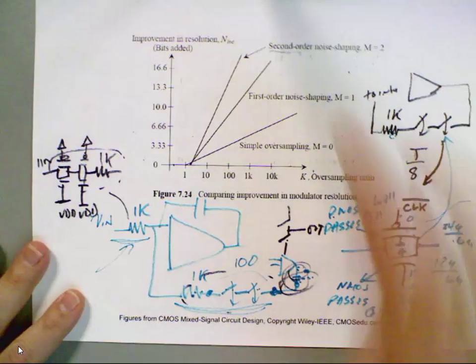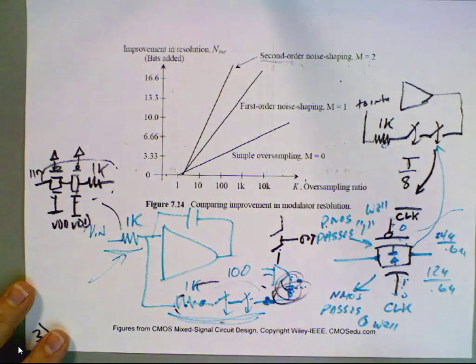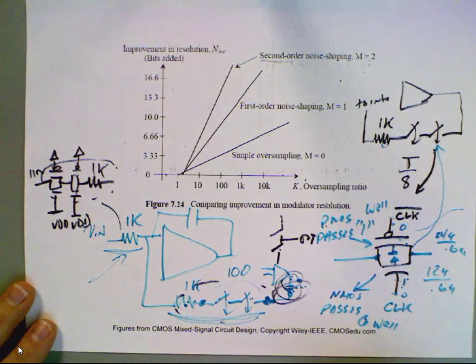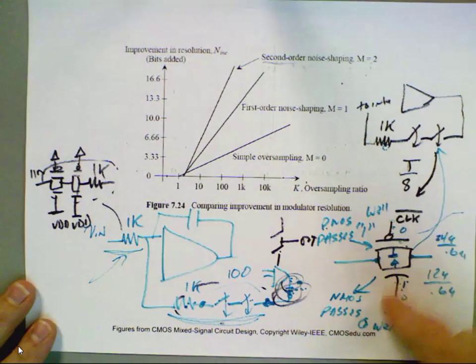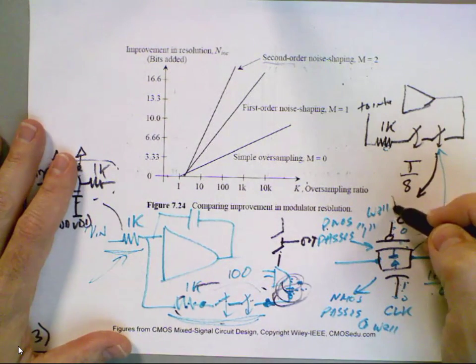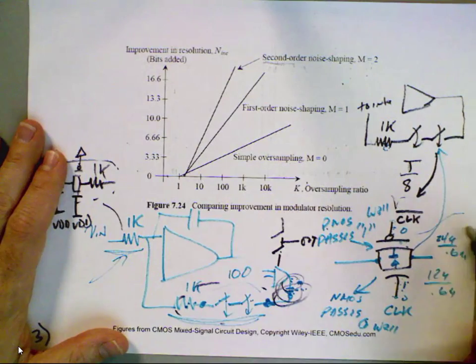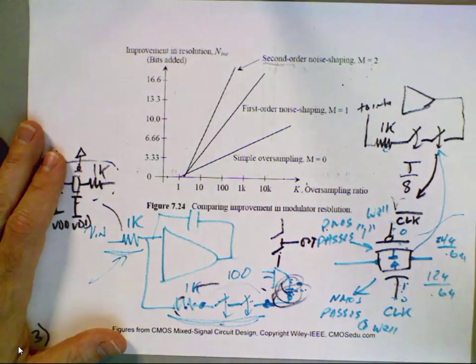So then your clock generator has to be beefed up so that you get nice fast transitions here. Does everybody follow that? Because if I'm turning these on for 1 nanosecond, I need to have edges that are like 100 picoseconds, or else it's going to do something like this, and it's not going to be a well-defined feedback signal. Any questions?